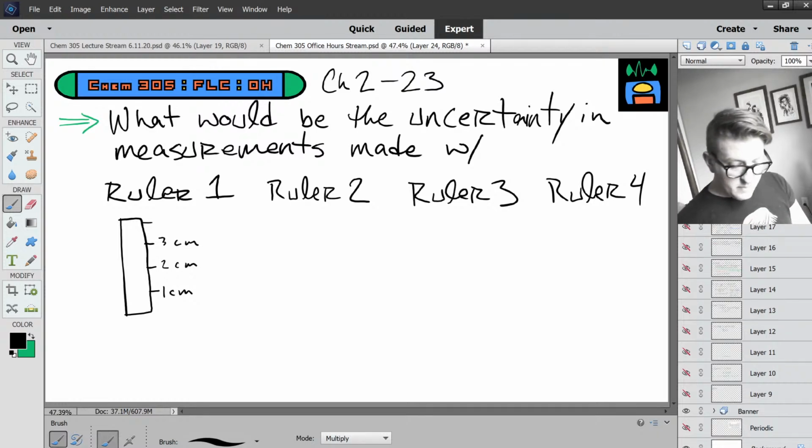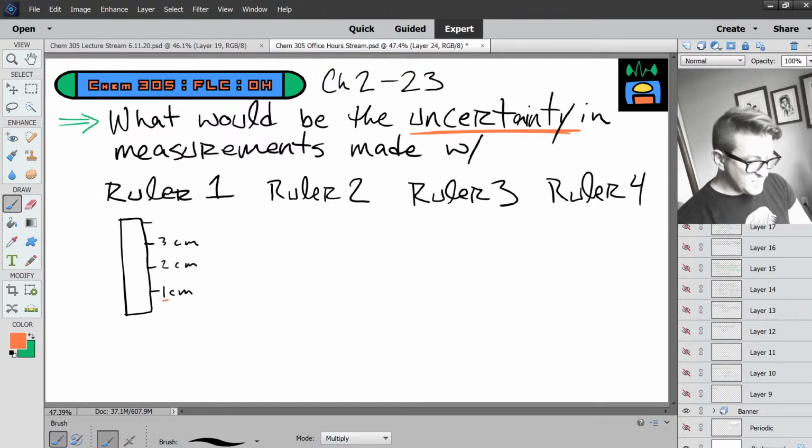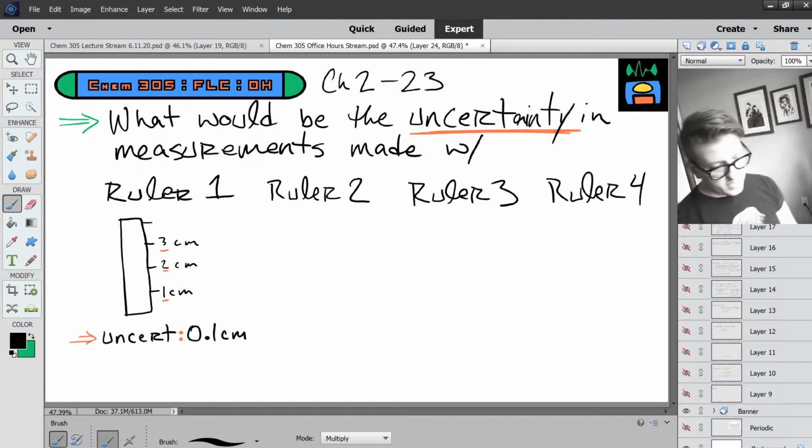Again, remember, we're after the uncertainty, and the uncertain digit is 1 beyond the scale of the ruler. So since ruler 1's scale is to the 1 centimeter, the uncertainty is 1 beyond that, right? The uncertainty would be one beyond, to 0.1 centimeters.